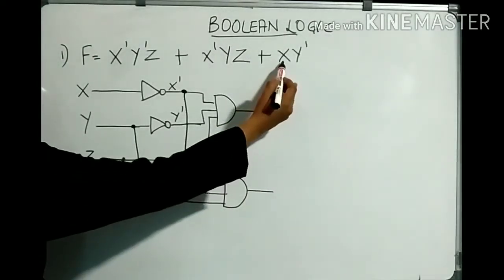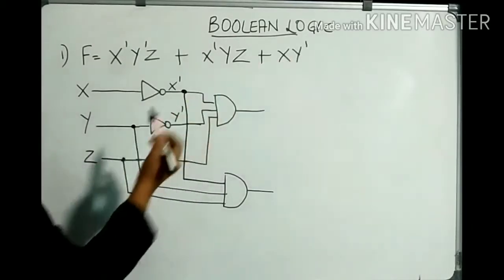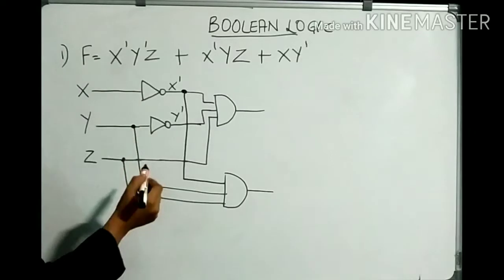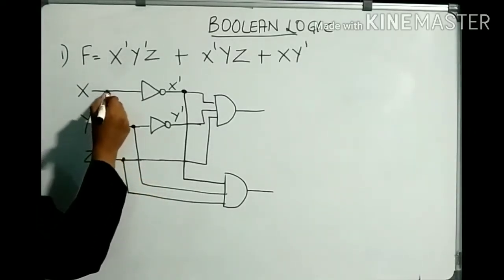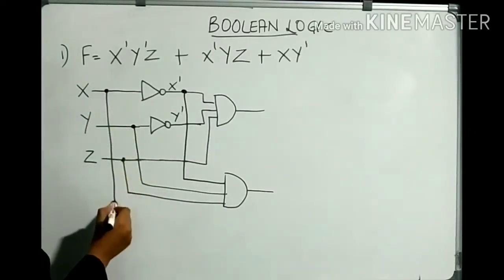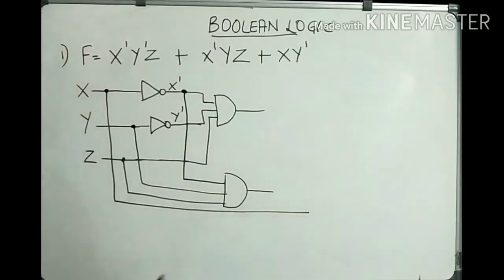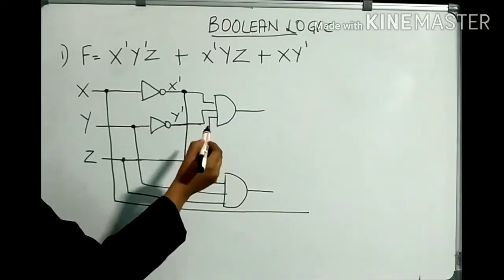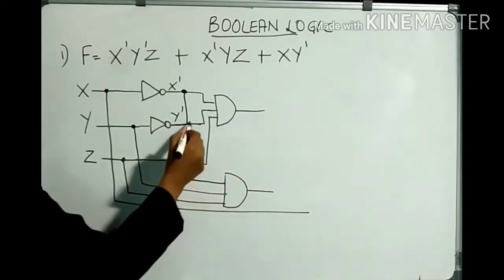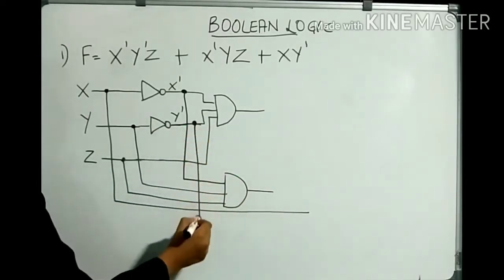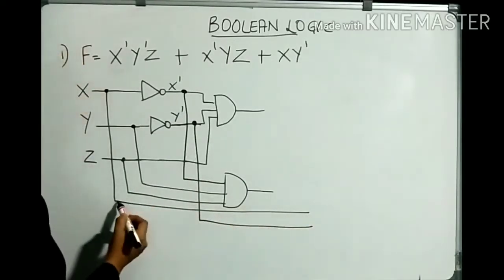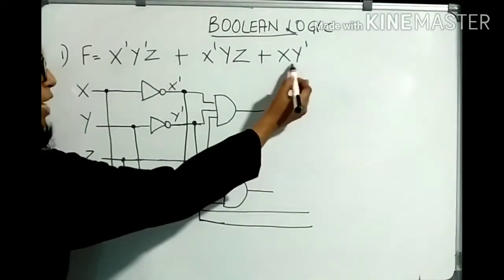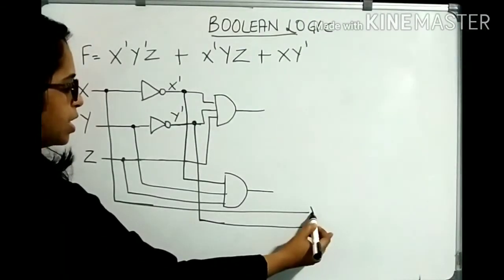Then again, the next term is x y dash. We can take x from here, then y dash. This line is y dash, so we can take y dash from here. So this line is x and this is y dash, and this is again an AND operation.